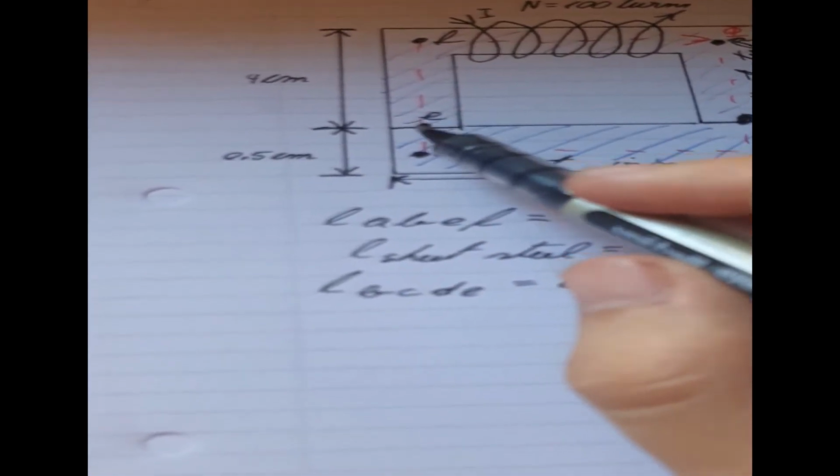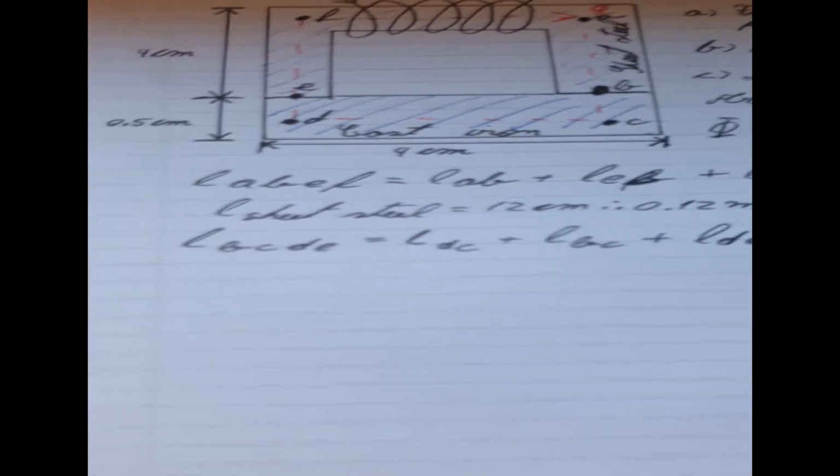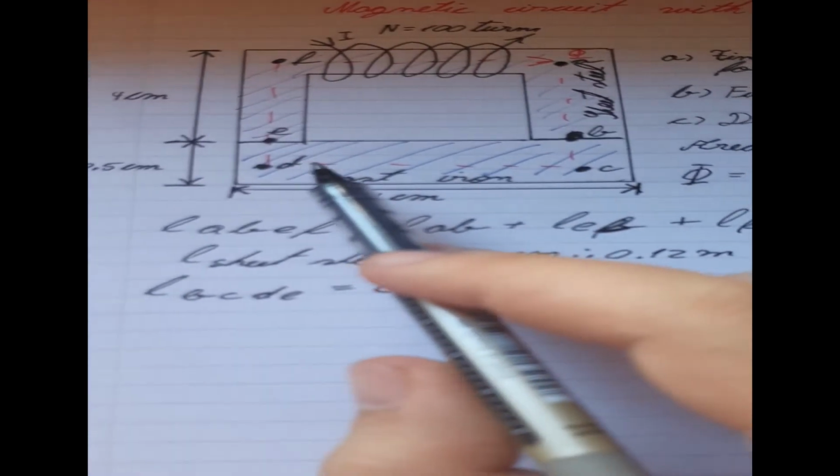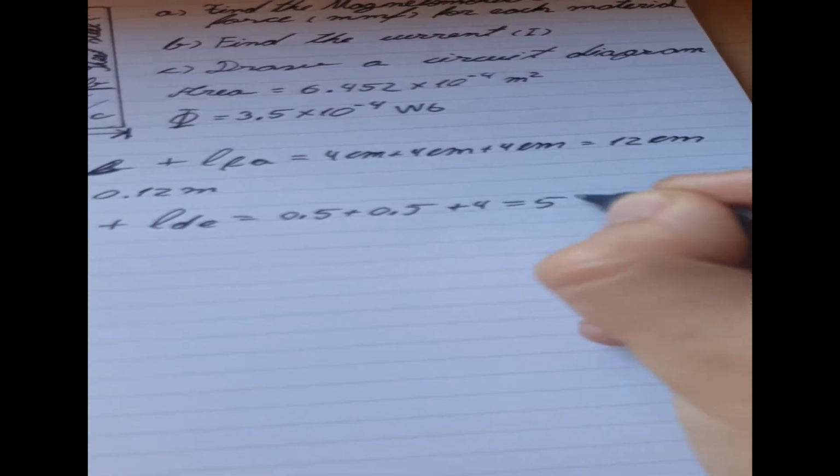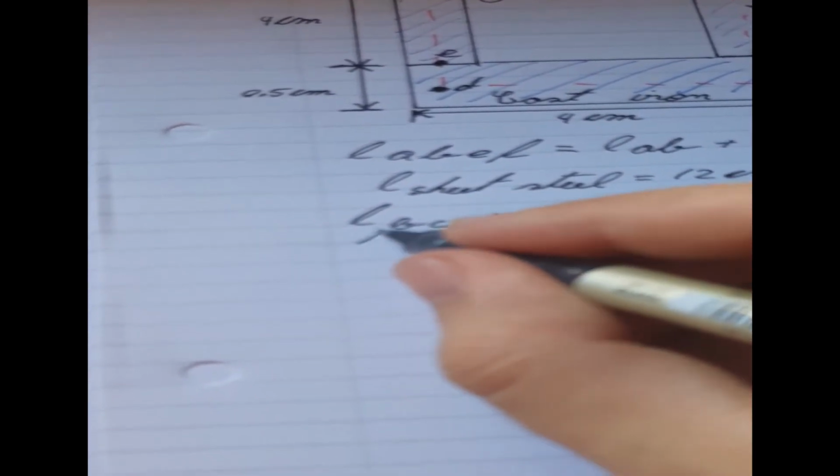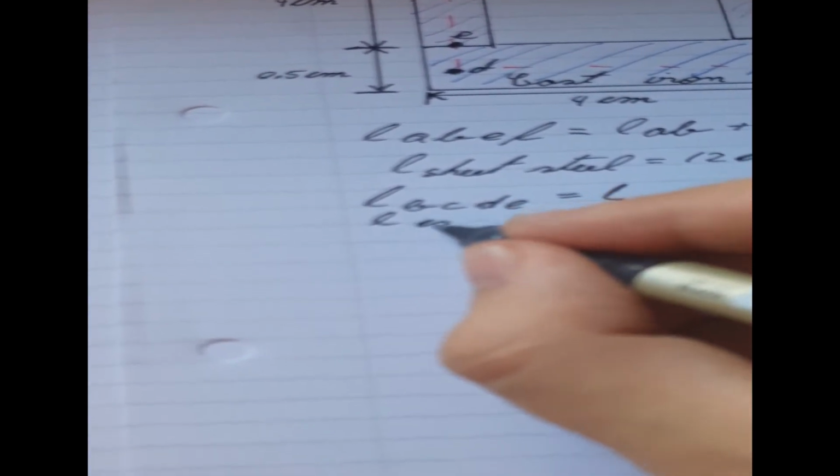We know from this point to this point it's 0.5 centimeters, and we know that E and D is the same as B and C, so it's 0.5 plus 0.5, and we know this point here D and C is equal to 4 centimeters, so plus 4, and then all of it will be equal to 5 centimeters. So then the length of cast iron will be equal to 5 centimeters or 0.05 meters.